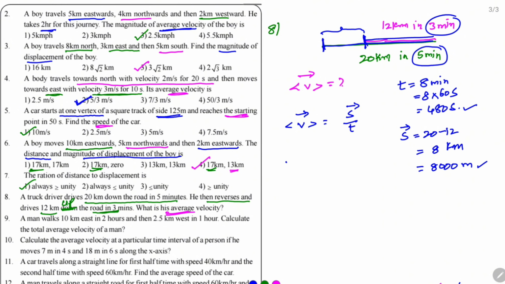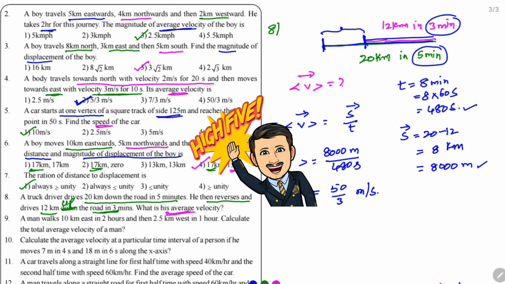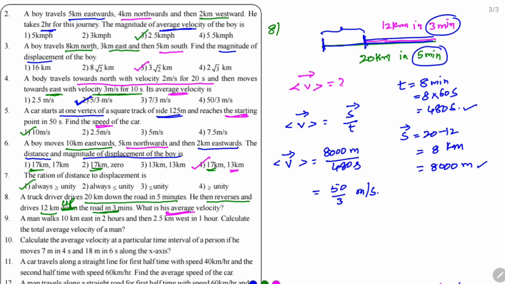Therefore, average velocity is equal to displacement, 8000 meters, over 480 seconds. If you simplify this, you will get 50 over 3 meters per second. Is it correct, children? You might have got the same answer, right? If not, check once. If you get the same answer, let me know through the comment section.